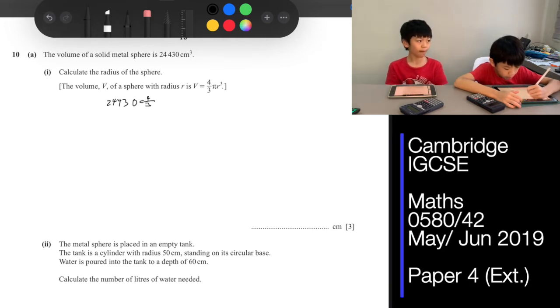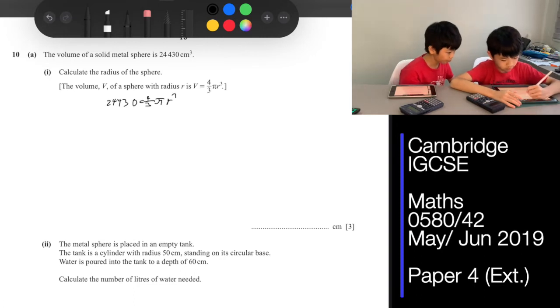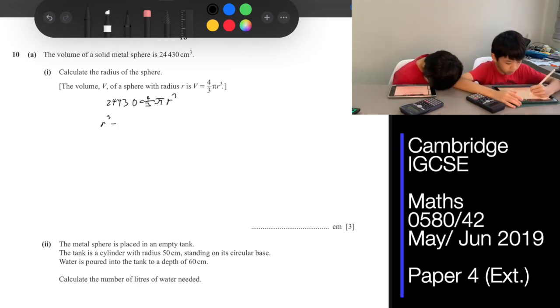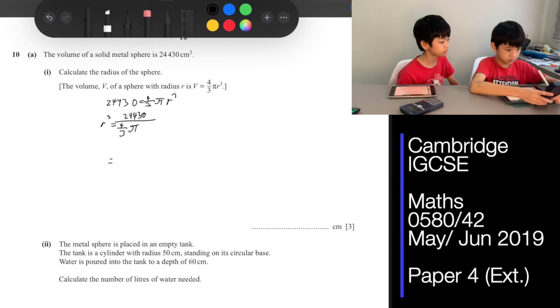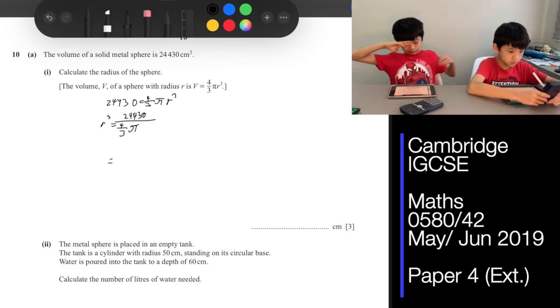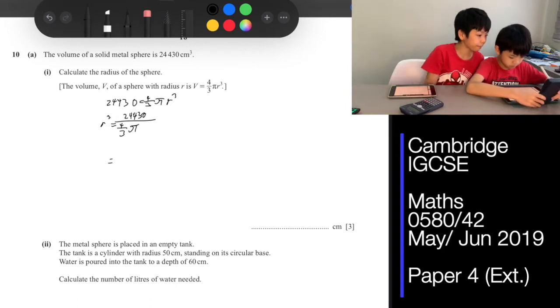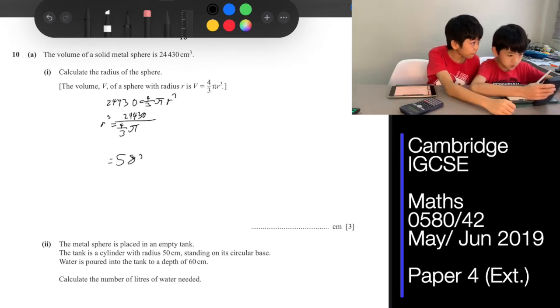So we know the volume is 24430 equals 4/3 pi r cubed. Pi is a constant, not a variable. And then r cubed equals 24430 over 4/3 pi, which is equal to 24430 over 1/3 times pi, which is 5832.